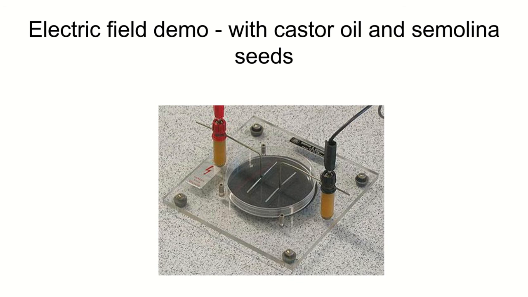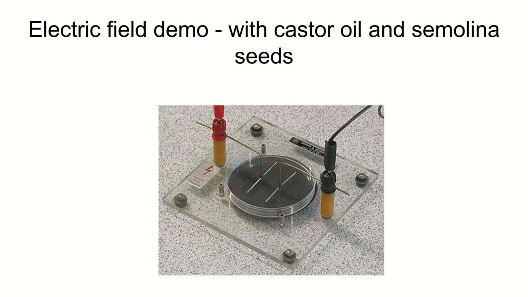If you search on YouTube for the electric field demo with castor oil and semolina seeds, what we do is take two rods placed with a high voltage power supply. On one side it's attached to the positive, on the other it's negative.